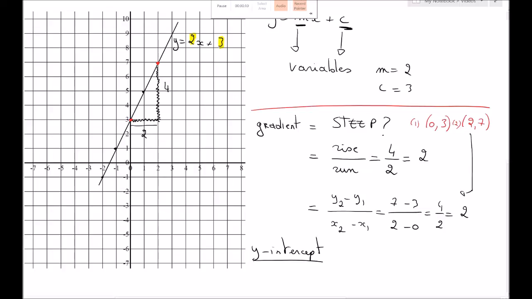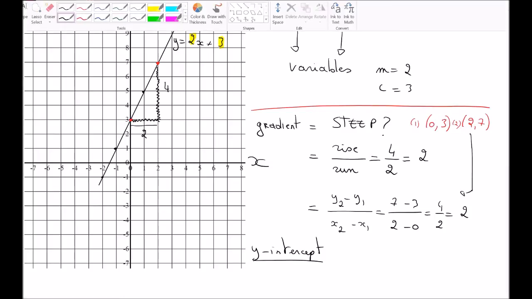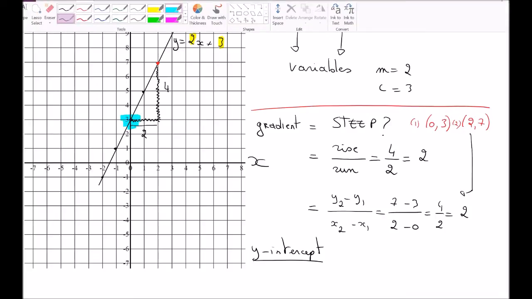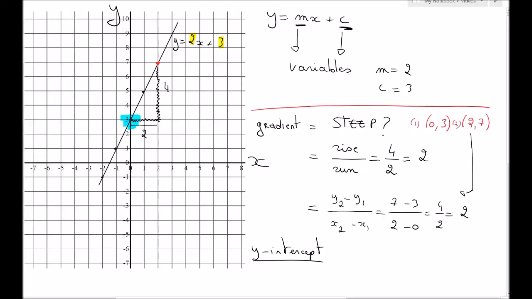As you know, the horizontal axis is obviously the x-axis and the vertical one is the y-axis. Let's have a look. Where does my line hit that y-axis? Well, here. So that means that my y-intercept in this case is going to be 3. And that's it. Those are the 2 main parts of a straight line graph.